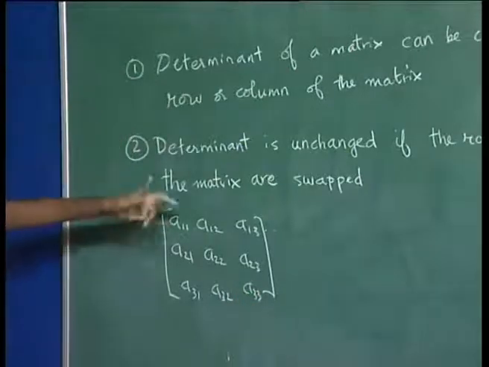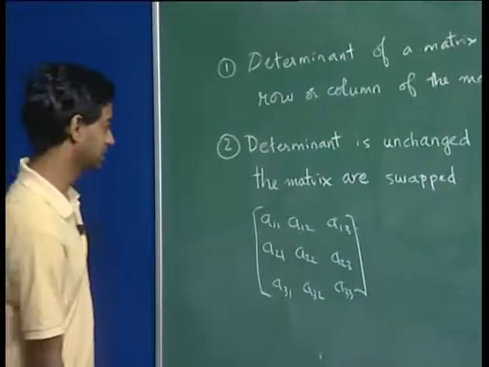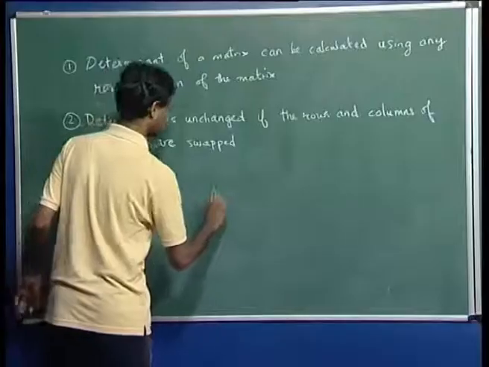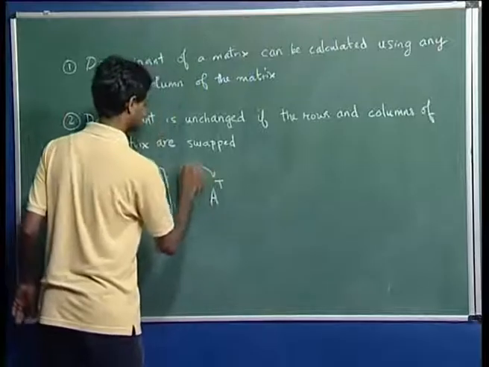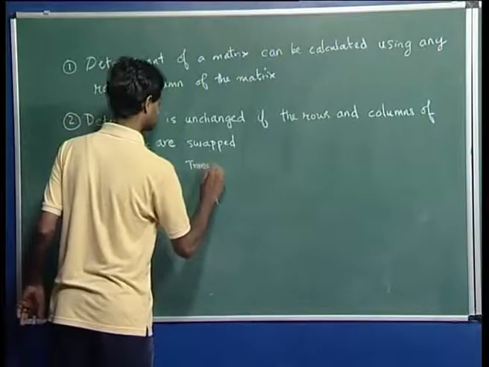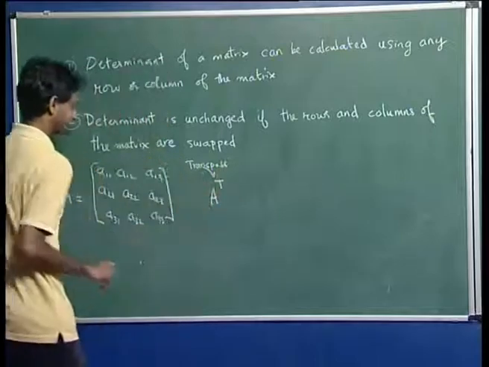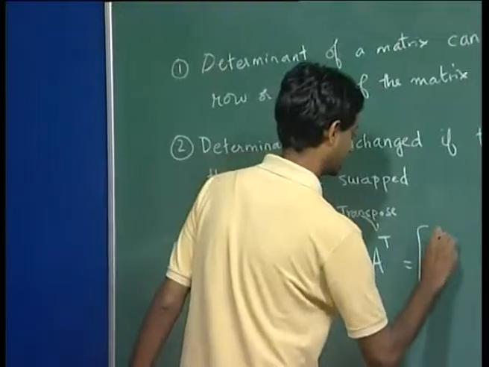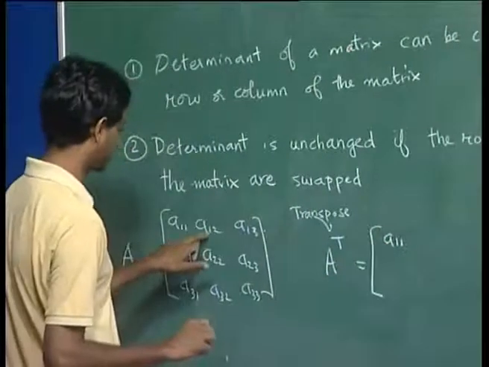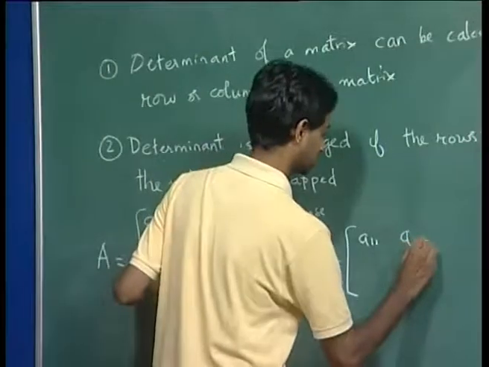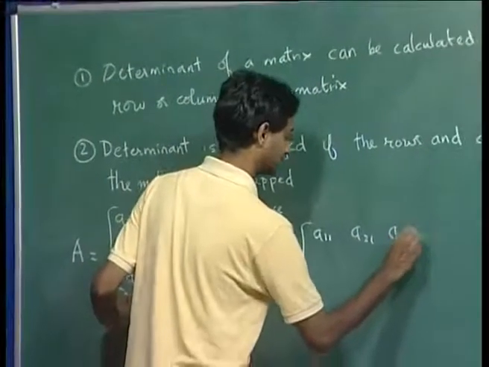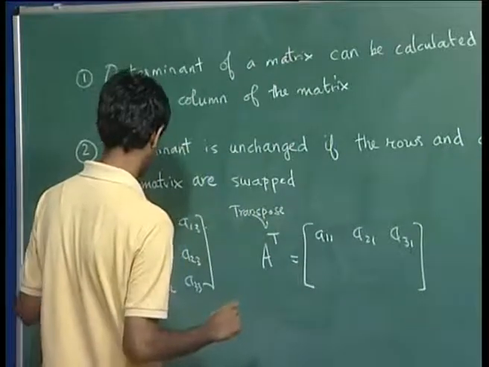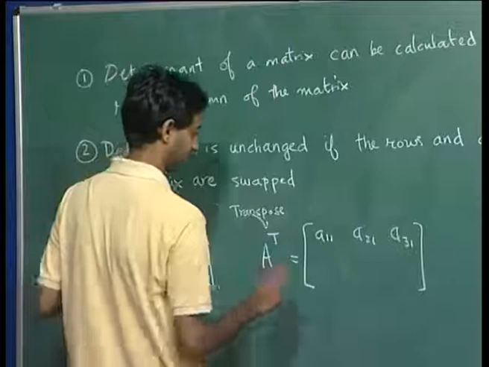Now, if I change the rows into columns and columns into rows, then the matrix I get is called A transpose, and this is given by A11. Now instead of A12 I put A21, A31, and instead of putting A21 here, I will put A12 here.